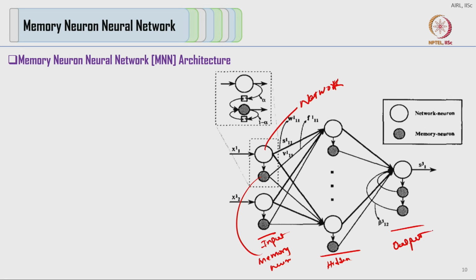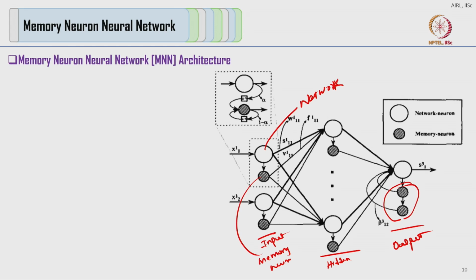But like a multi-layer perceptron, you can have more hidden layers. If you notice, the network neurons in the input and hidden layers have only one memory neuron associated with each, whereas in the output layer, each neuron can have more than one memory neuron.